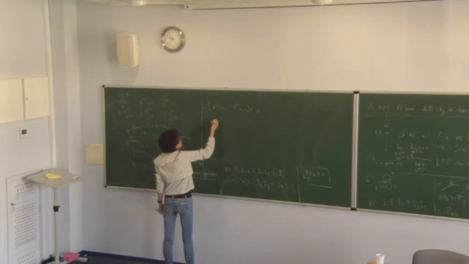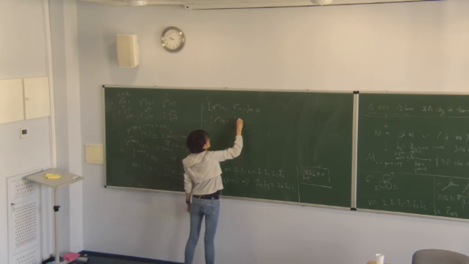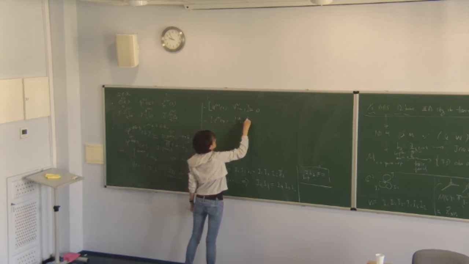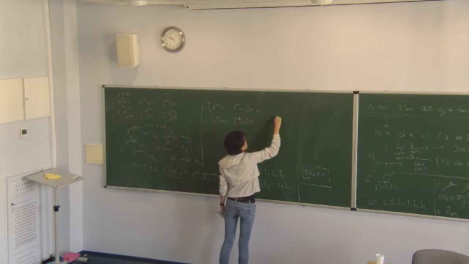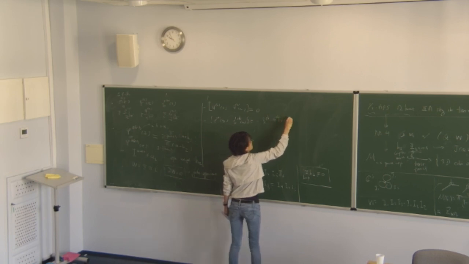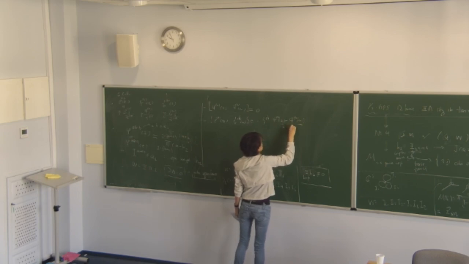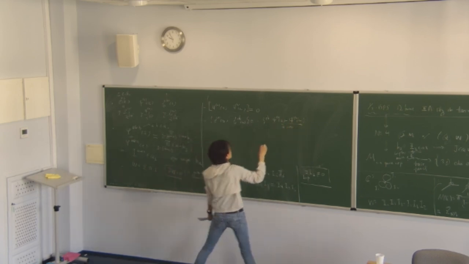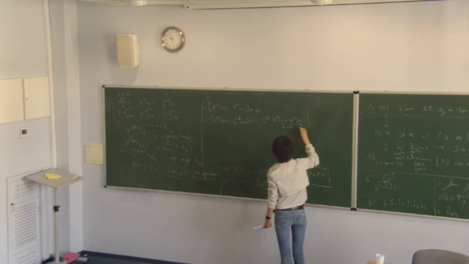So this is the Cartan, and then we have a raising operator and a lowering operator here. You see that the information of the quiver doesn't enter into these two relations.